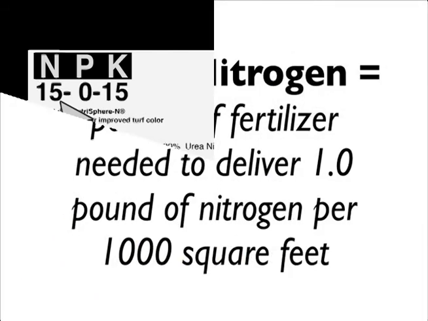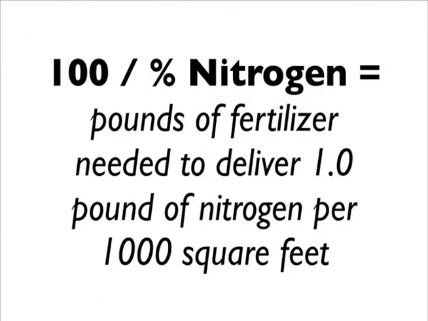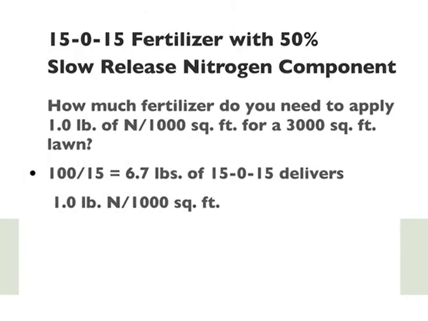Use the following formula to determine how many pounds of a fertilizer is needed to apply 1 pound of nitrogen per 1,000 square feet. 100 is divided by the percent nitrogen, which for this fertilizer gives us 6.7 pounds. So 6.7 pounds of this 15-0-15 fertilizer is needed to deliver 1 pound of nitrogen over 1,000 square feet.